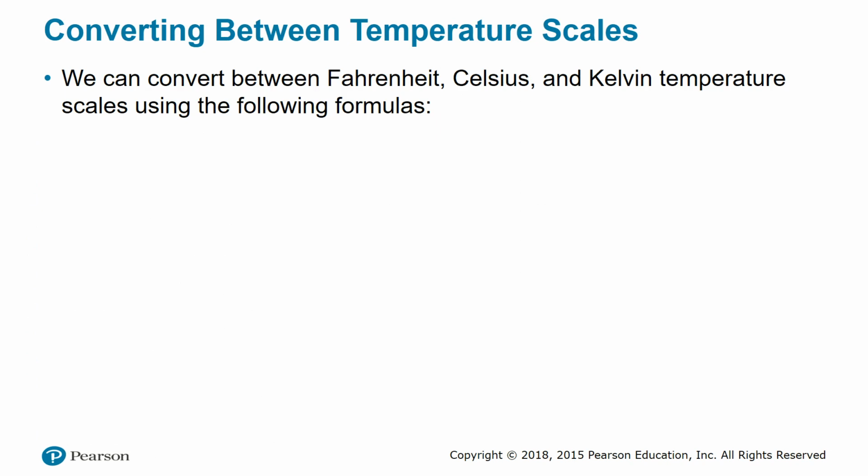All right, so now, how do we get from one to the other? Here's what I'm going to give you. If you're given information in Fahrenheit and we need to convert to Celsius, Celsius equals degrees Fahrenheit minus 32, divided by 1.8.